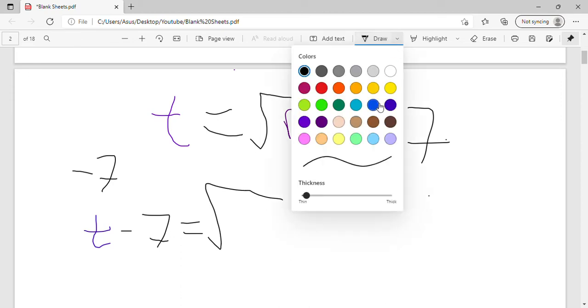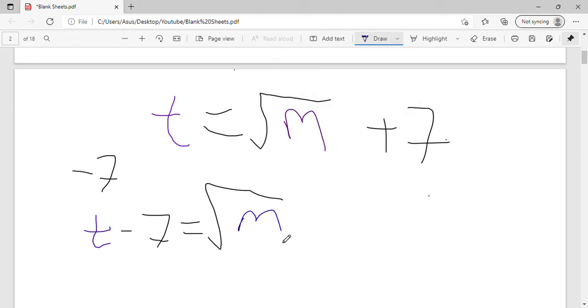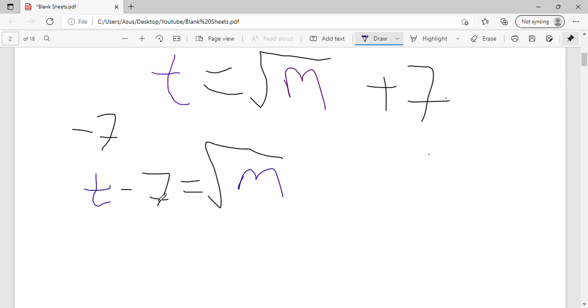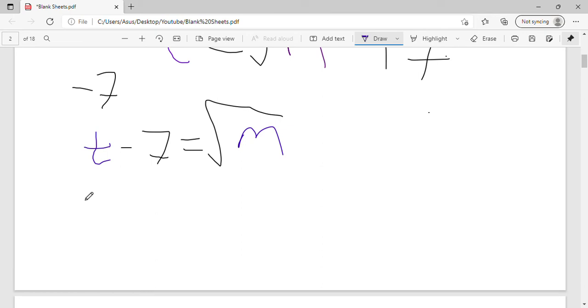And now, how do we get rid of this square root? Well, the opposite of the square root is square. So we square both sides. Now, what we have to do to this side is put it in brackets, because we're squaring the whole thing. So, we're squaring both sides. I'm not going to bother changing the color.